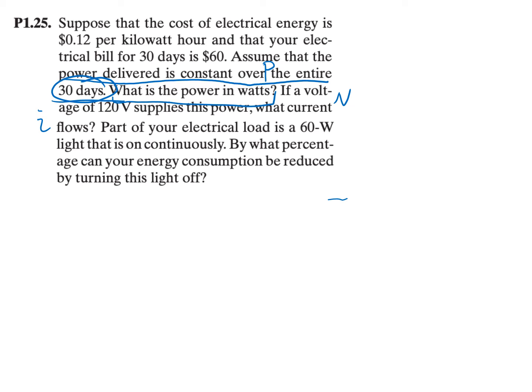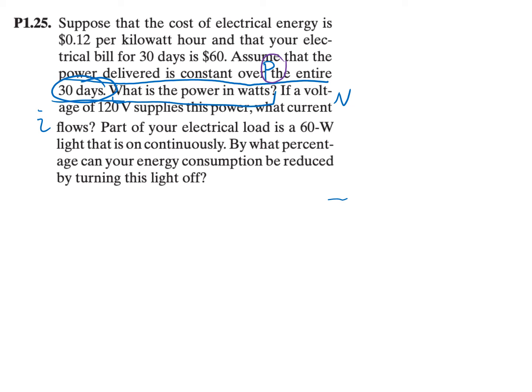The question asks, by what percentage can your energy consumption be reduced if you turn that light off? So let's start from the first question. We are going to find the value of P.